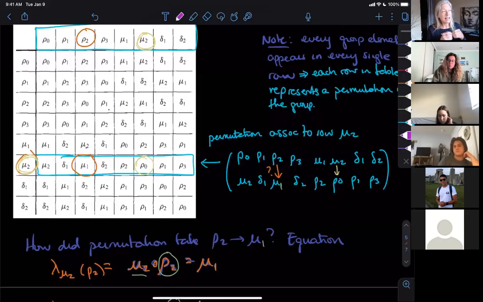In fact, if I take the set of group elements, I can think of that as a set of permutations. It's better than that, because the set of group elements, which can be thought of as the set of permutations, is actually a group of permutations. And that's what Cayley's theorem says.